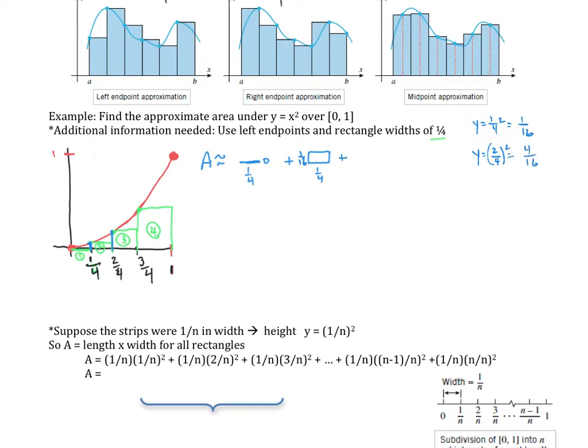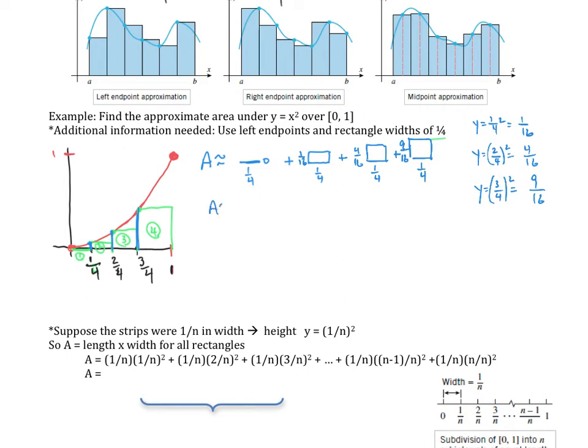So the next one will have a width of 1/4 and a height this time of 4/16. Plus my last rectangle, we know will have 1/4, and now I'm looking for this height, y equals 3/4, and I'm going to square that. I will get 9/16. So this height this time on the last one is 9/16, because I'm using the left endpoints.